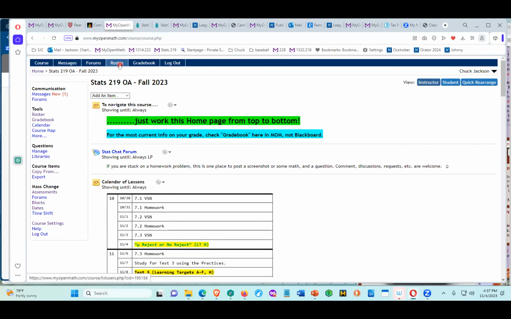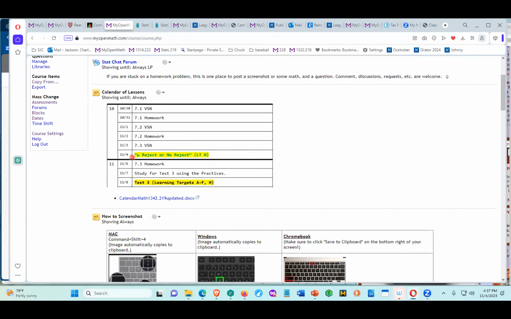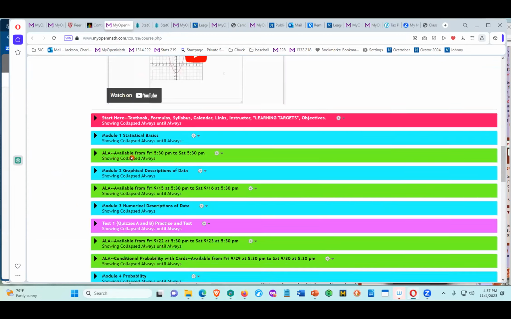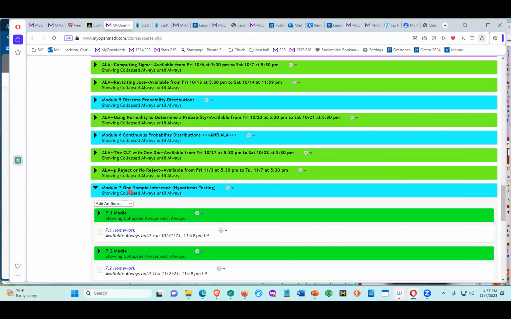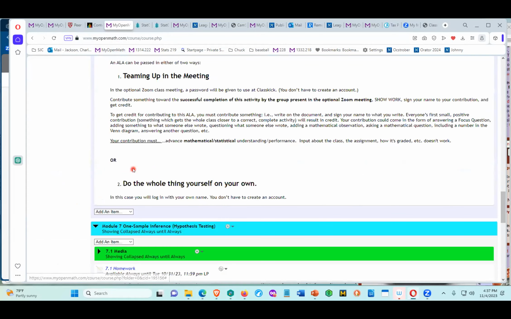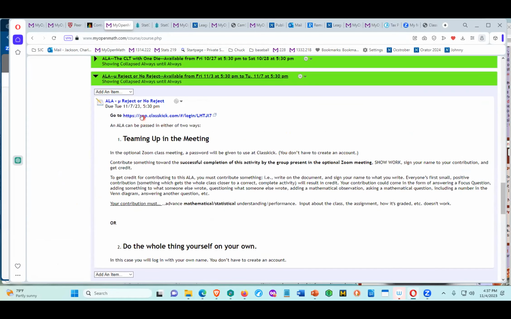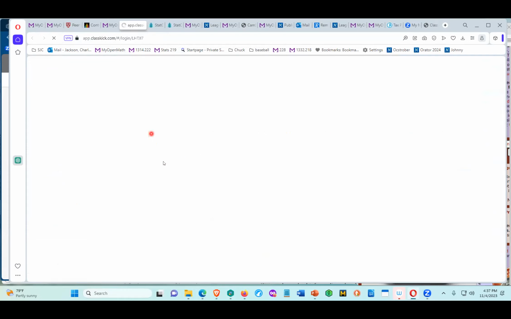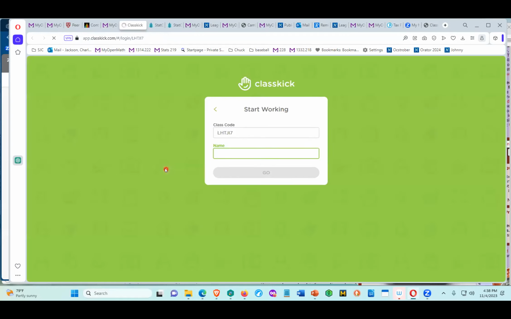The code just populates if you follow the link, so you don't have to worry about the class code. You just use the name 219. The code is what it is, and it's the right one if you're following the link.